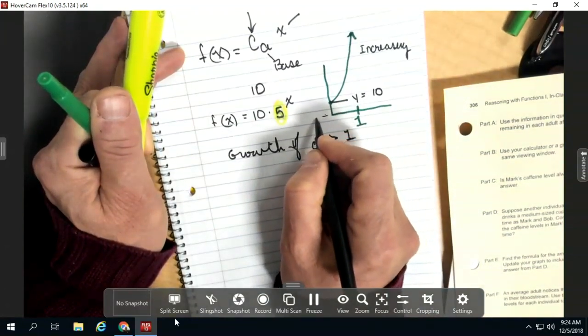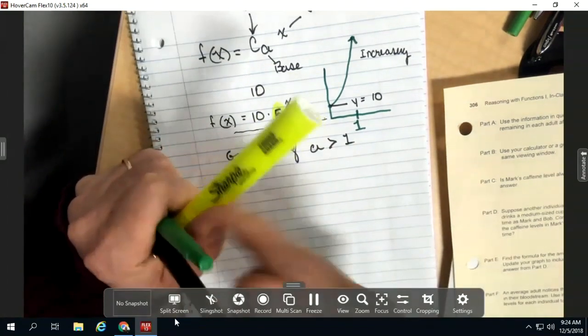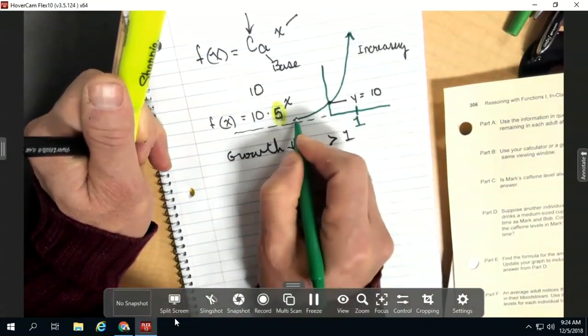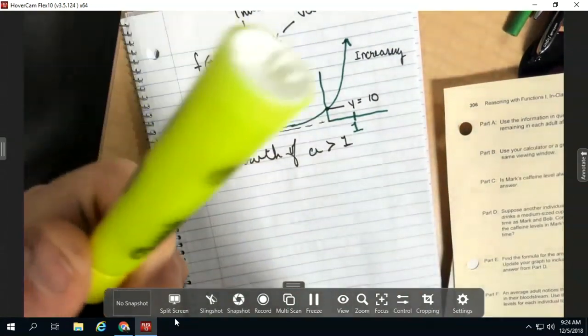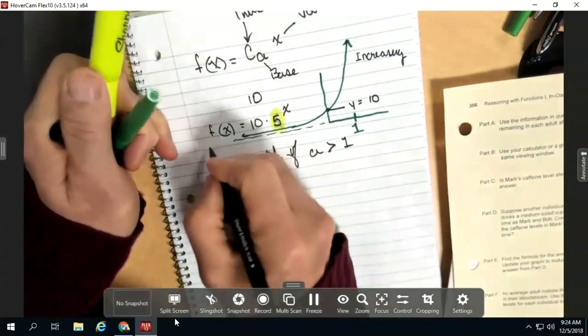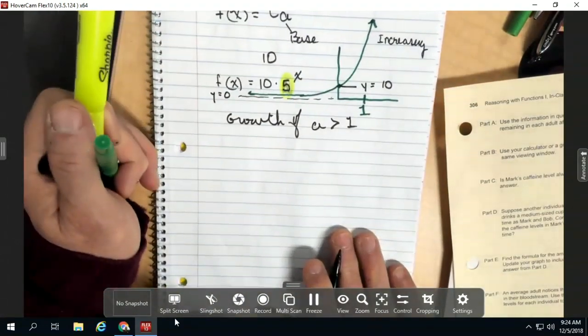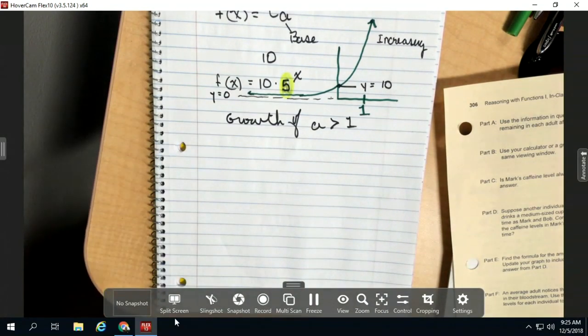Asymptotes. What line won't this cross? We go backwards. Our horizontal asymptote is at y equals 0.